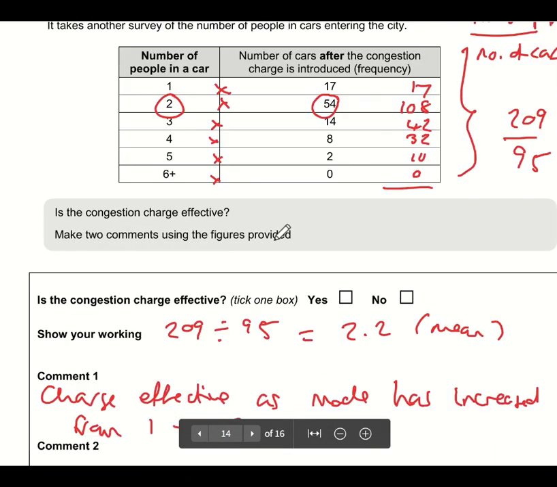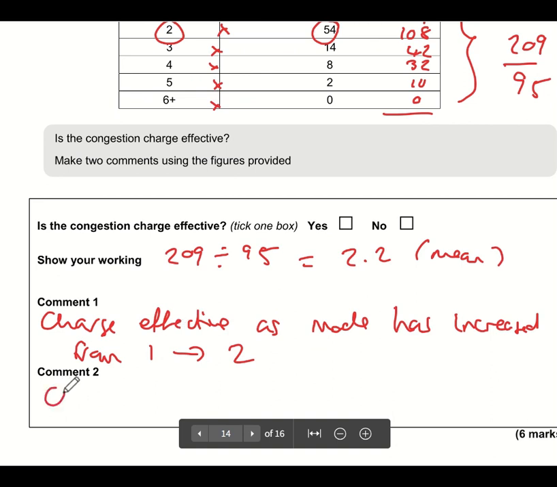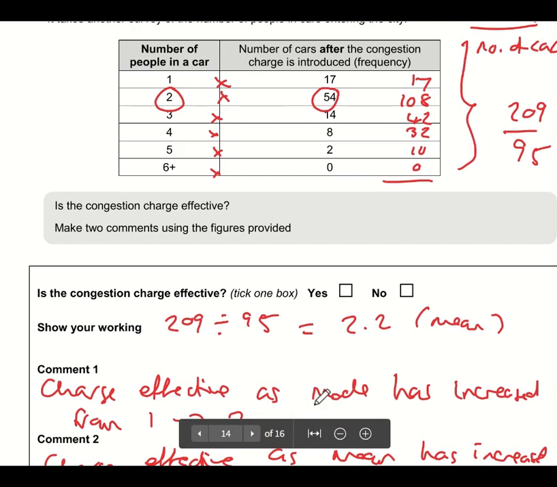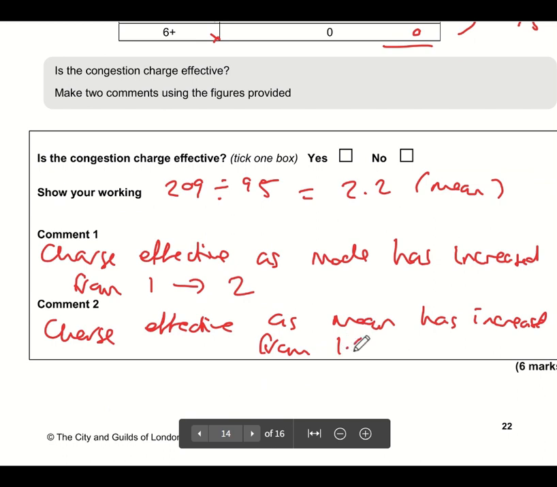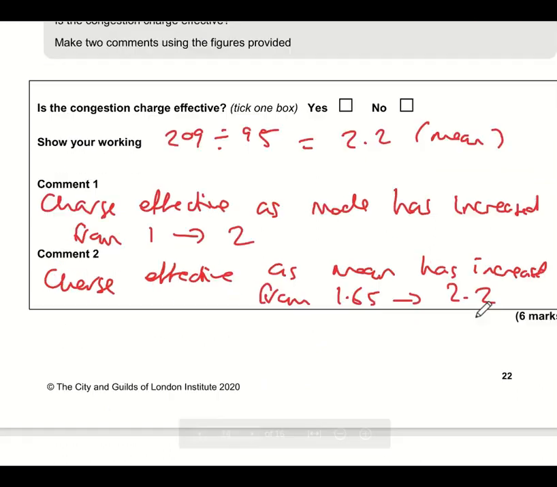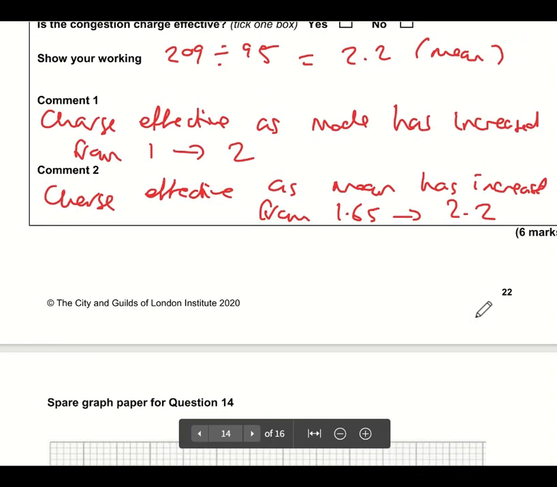The mean was 1.65, so we can say the congestion charge is effective as the mean has also increased as well as the mode. So it's increased from, what was it, 1.65? I've forgotten it already. Yeah, 1.65 up to 2.2. There we go. And that is the end of this section.